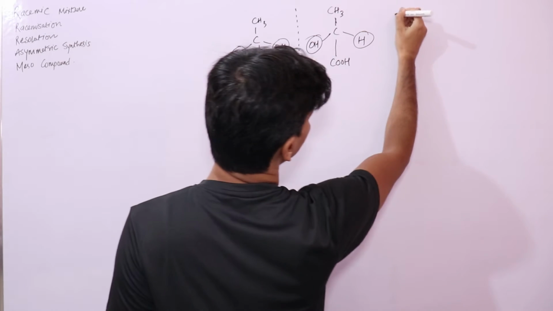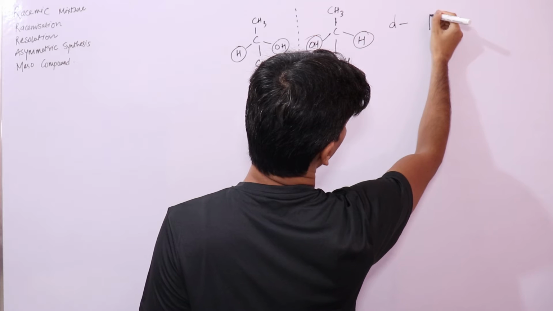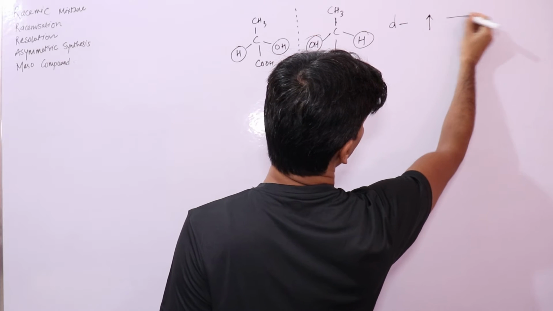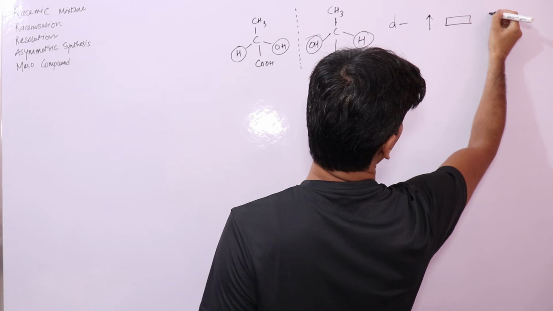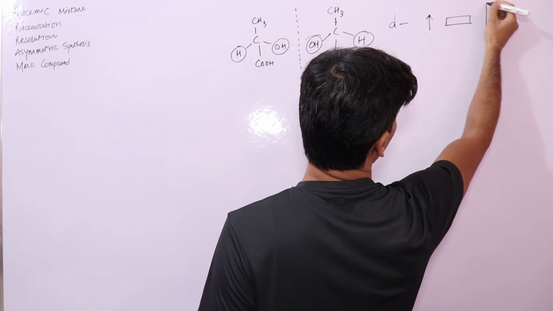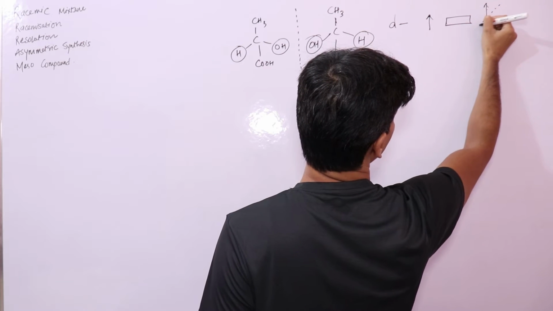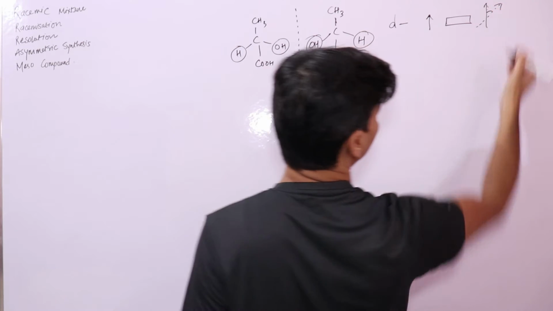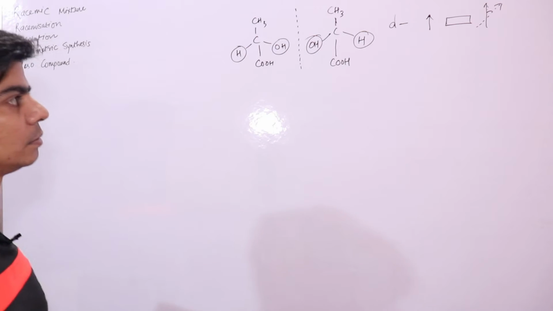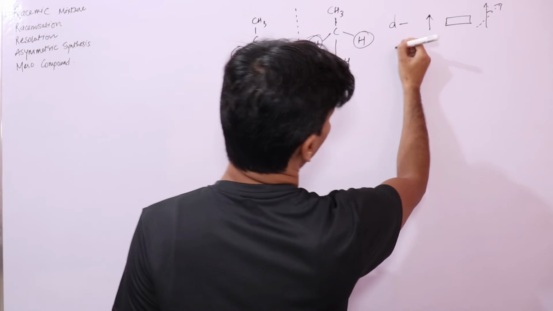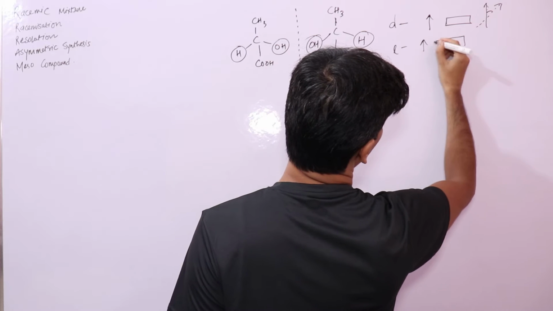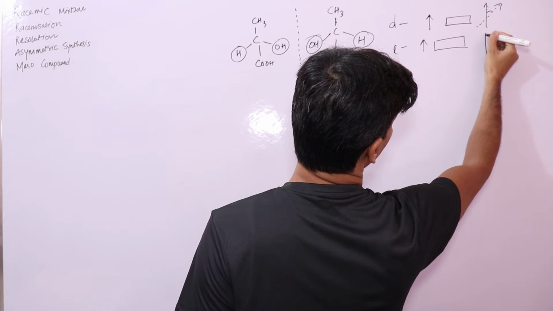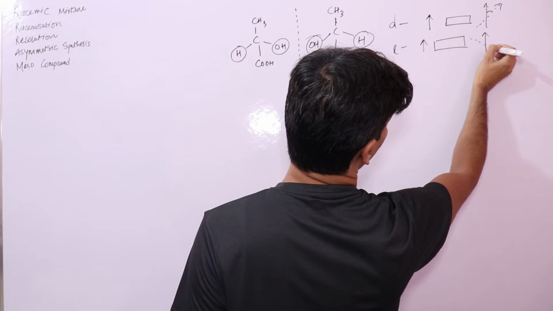One is D, which will rotate the plane of polarized light. Suppose you have D lactic acid here, it will rotate the plane of polarized light like this towards right by an angle, which is the angle of rotation. And the L form, which is levorotatory, will rotate the plane of polarized light towards left.